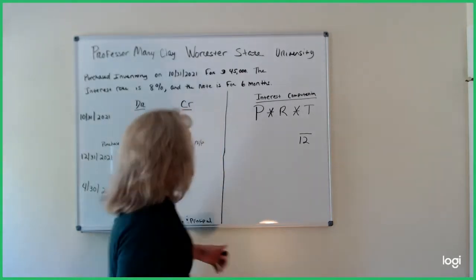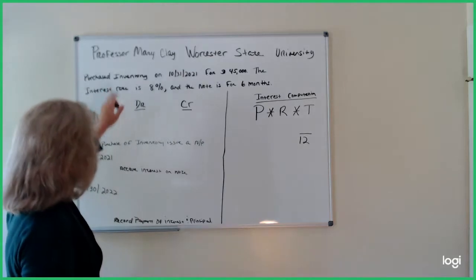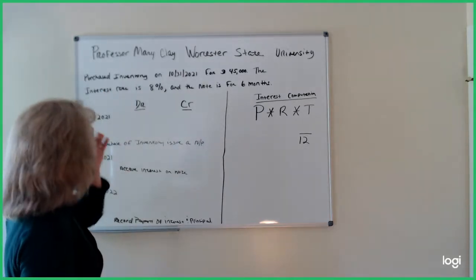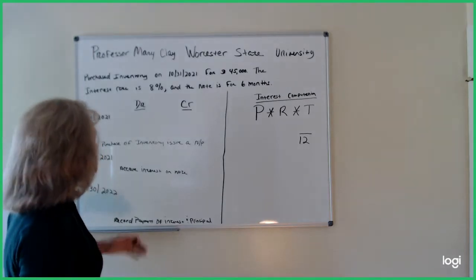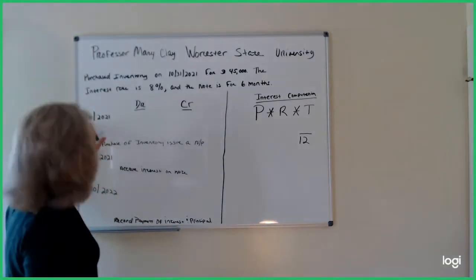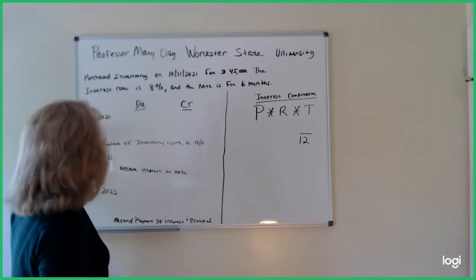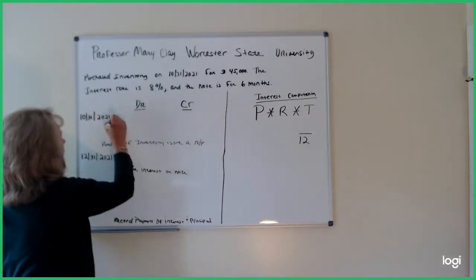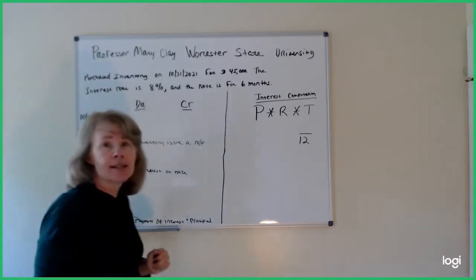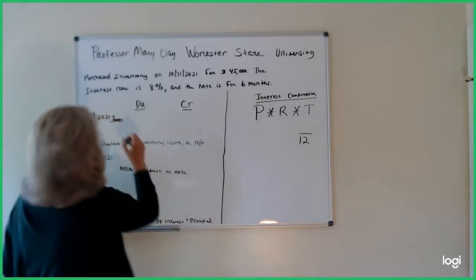All right, so let's go back to this example. They purchased inventory on 10/31/2021 for $45,000. You write in your date for the inventory, and then you debit inventory. Remember, inventory is an asset. How to increase an asset? With a debit.